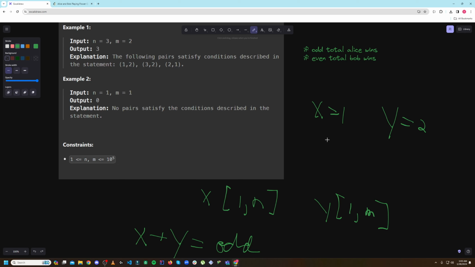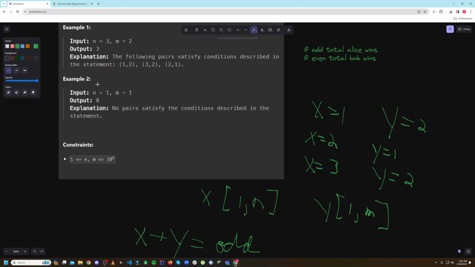Then for x equals 2, y has to be odd, because the whole thing has to be odd. So y has to be 1, because it can only be 1 or 2 in this range. And for x equals 3, y has to be even. So if you take a look, 1, 2, 3, 2, and 2, 1.